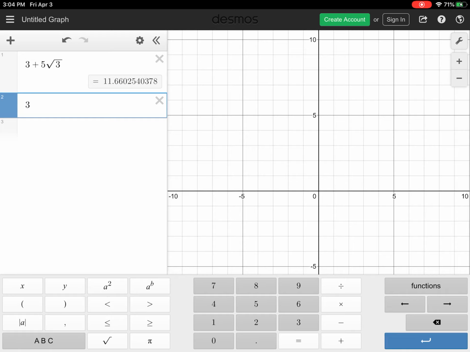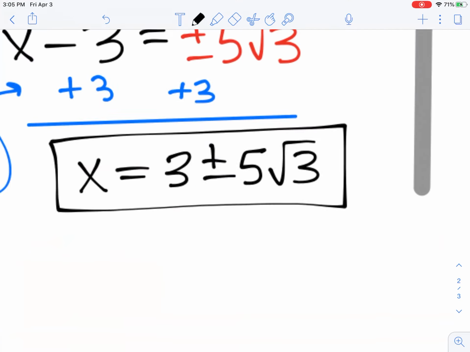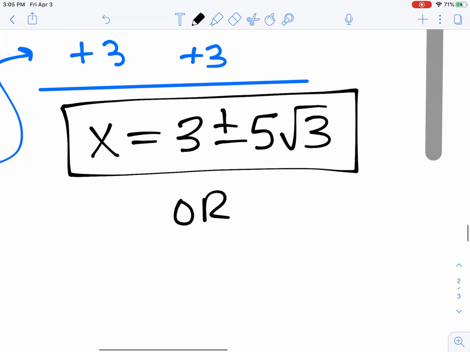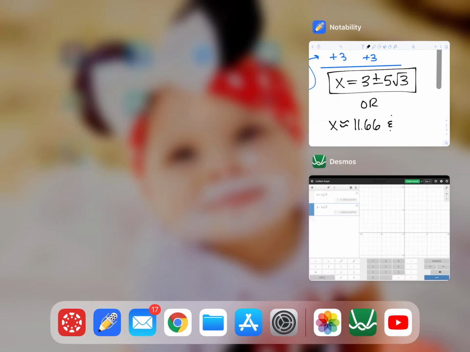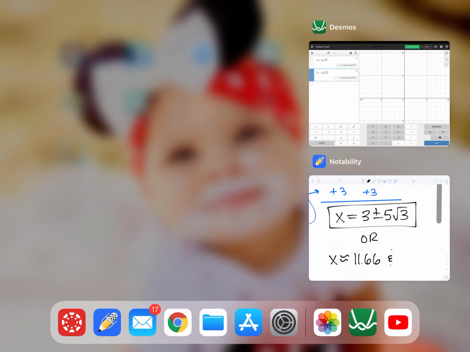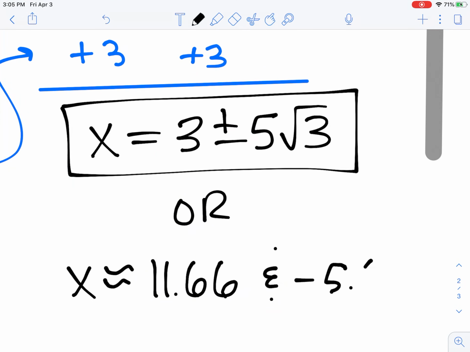So if you're doing an approximate answer, you're going to enter the plus and the minus at separate times. So your second number should be 3 minus 5 radical 3. So if you were going to give an approximate value, you would need to write out two separate solutions. The first of which is 11.66. And the second is a negative 5.66.